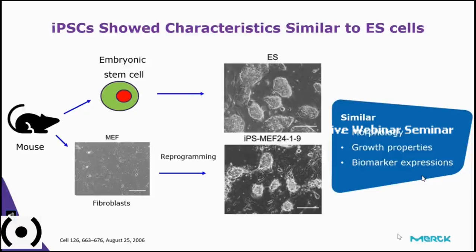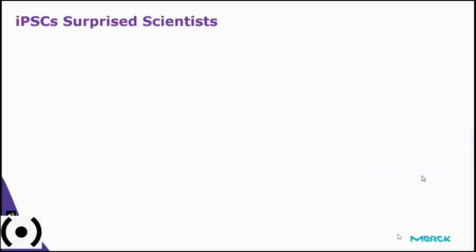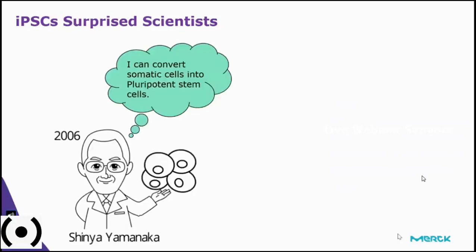And then at that time, when Yamanaka told different scientists about this discovery, they were surprised, right? It was very hard for them to digest how this could happen, how differentiated cells can be converted into pluripotent cells.